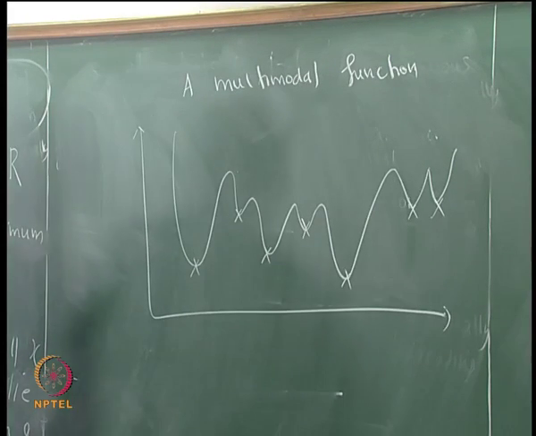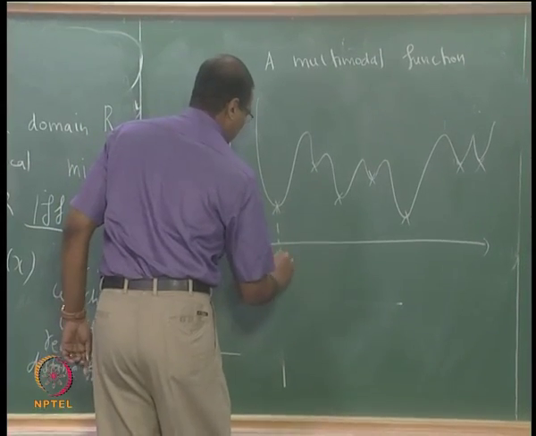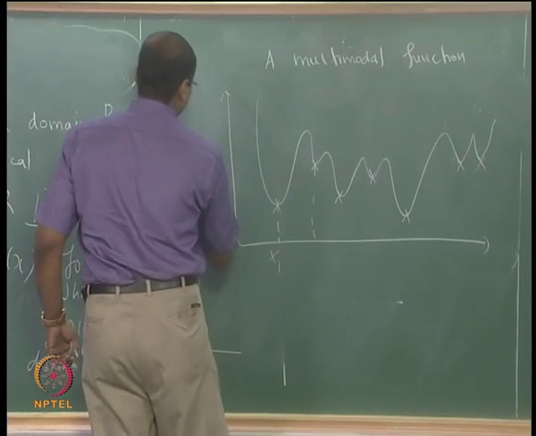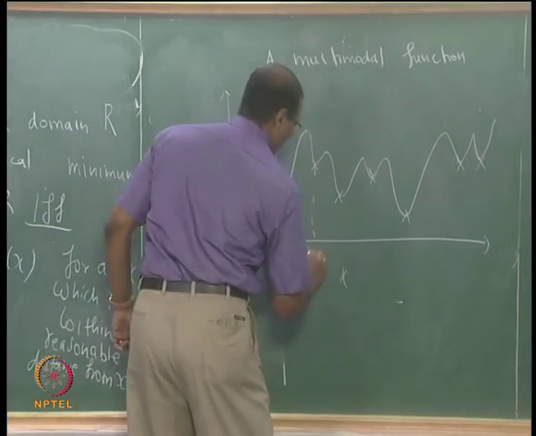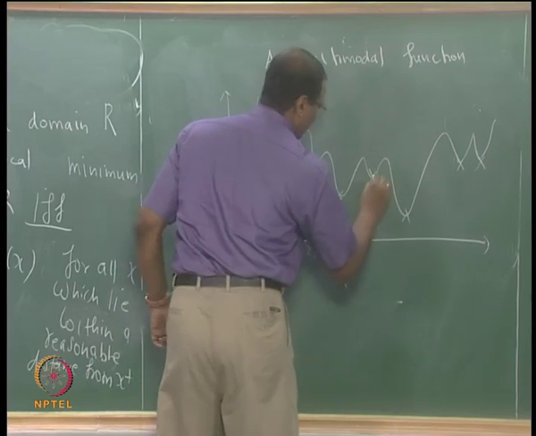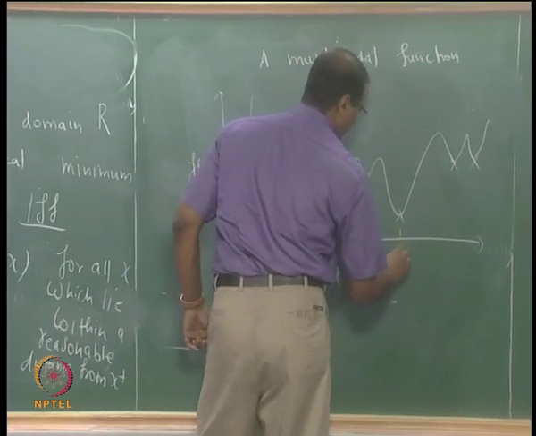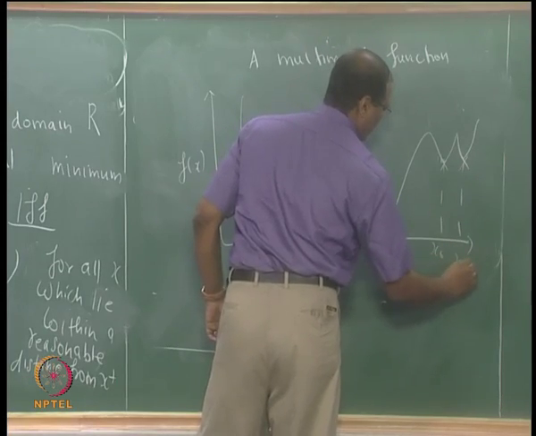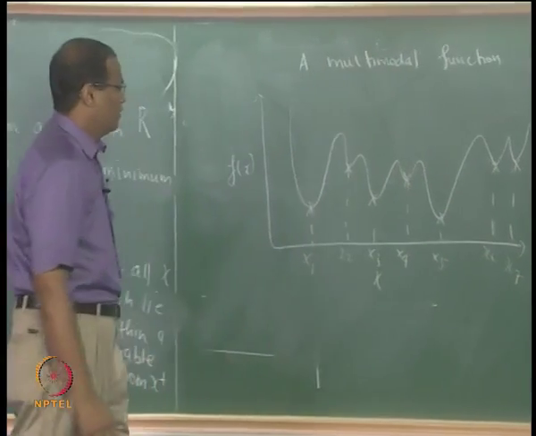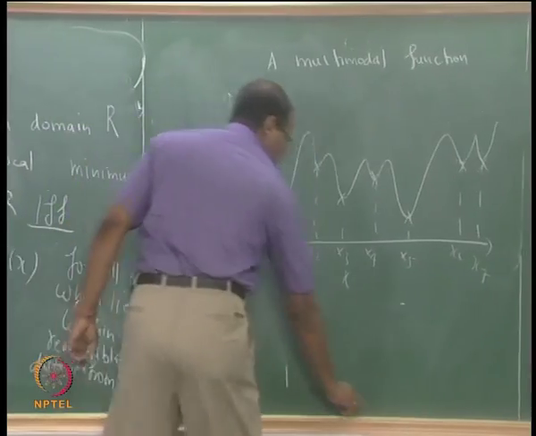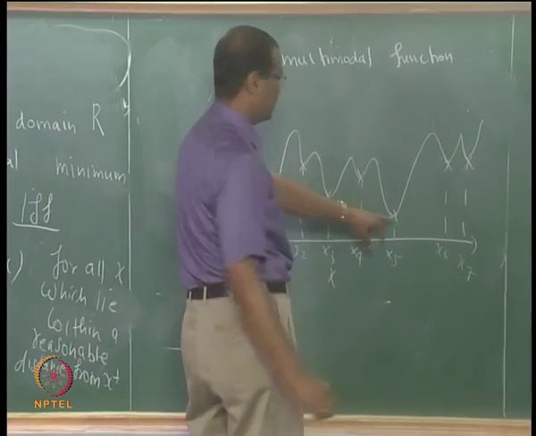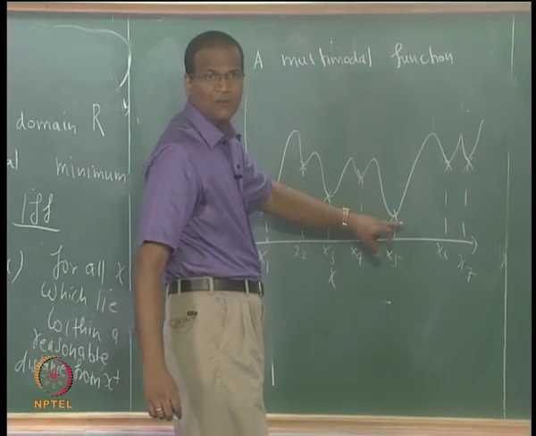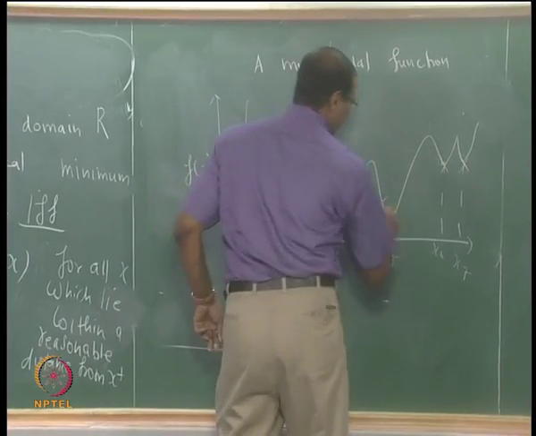So, x1, so this is f of x versus x. This is the lowest, right? Is everybody agreeing to this?